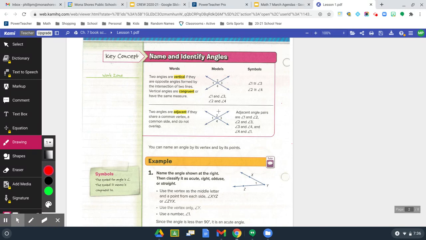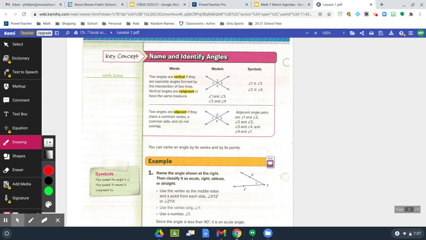So then let's talk about adjacent right below that. Two angles are adjacent if they share a common vertex, a common side, and don't overlap. So when I think about adjacent, I think about next door neighbor. It's the person next to you. It's adjacent to you. So the adjacent angles that you see in this model, for example, are angle 1 and angle 2.